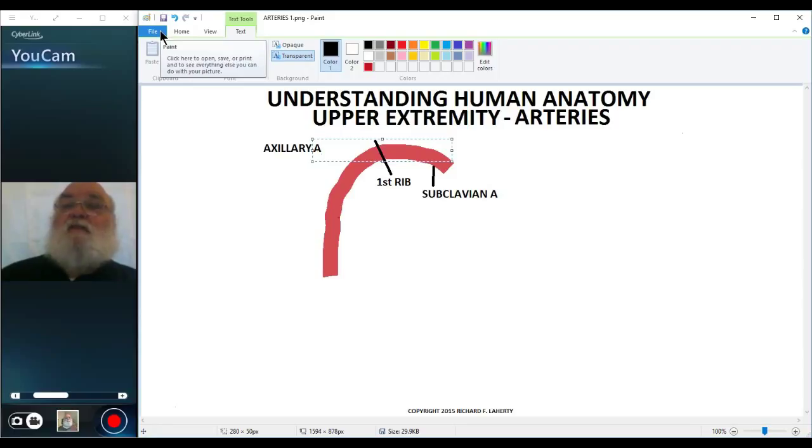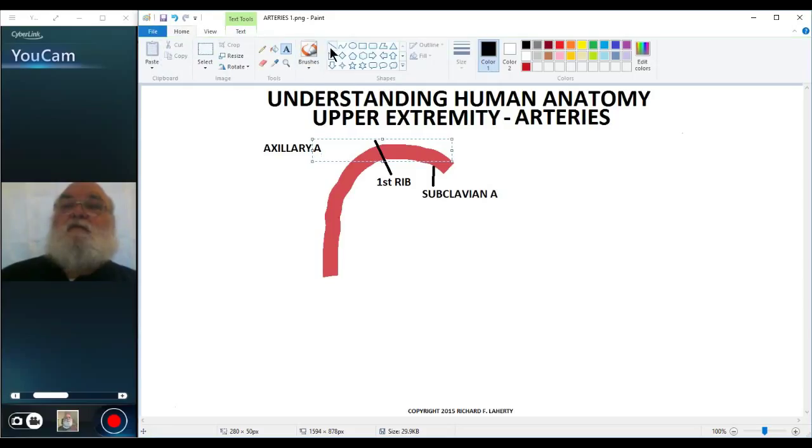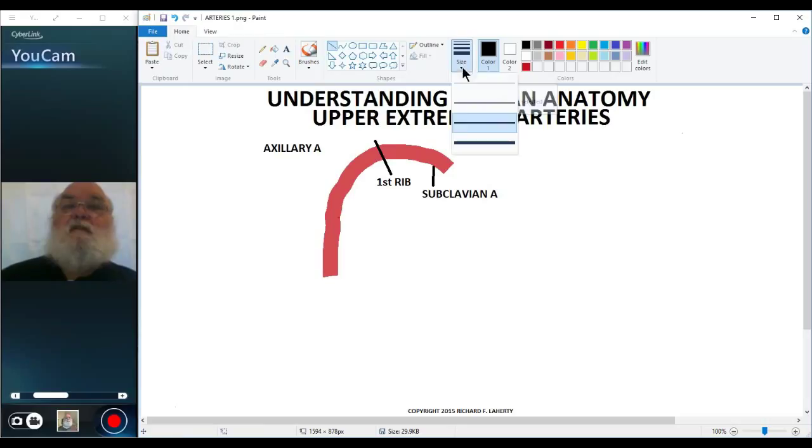And then the axillary artery crosses the inferior border of teres major. And again, I don't have the muscles in here. We're doing just a very schematic diagram.